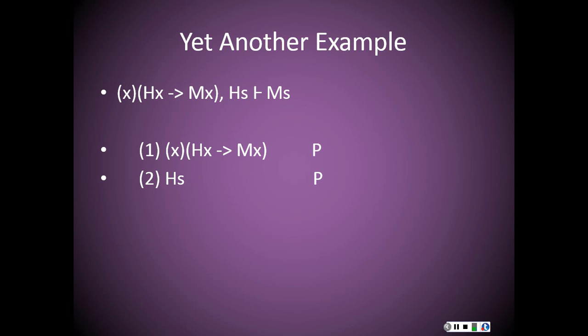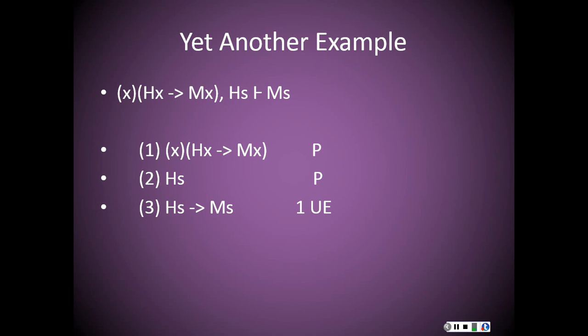Now we'll apply the rule of universal elimination to line 1 to get if HS then MS. Okay, now our goal is to get MS, and by examining lines 2 and 3 we note that we are in a position to do that because on line 3 we have a conditional and on line 2 we have the antecedent of that conditional, and we're importing all of the rules that we have from propositional logic into predicate logic, including modus ponens.